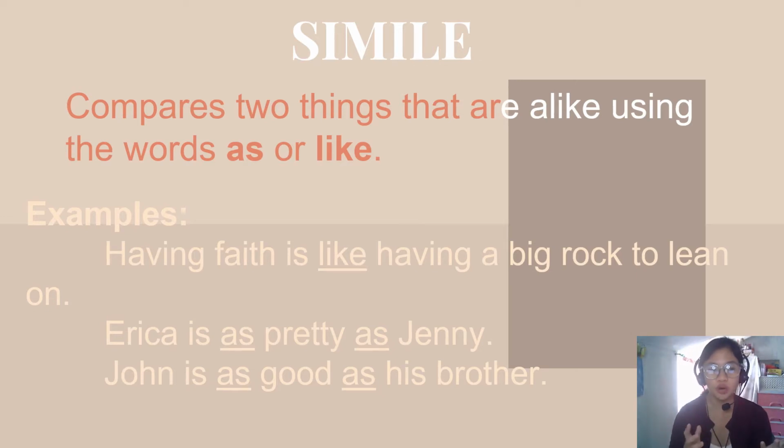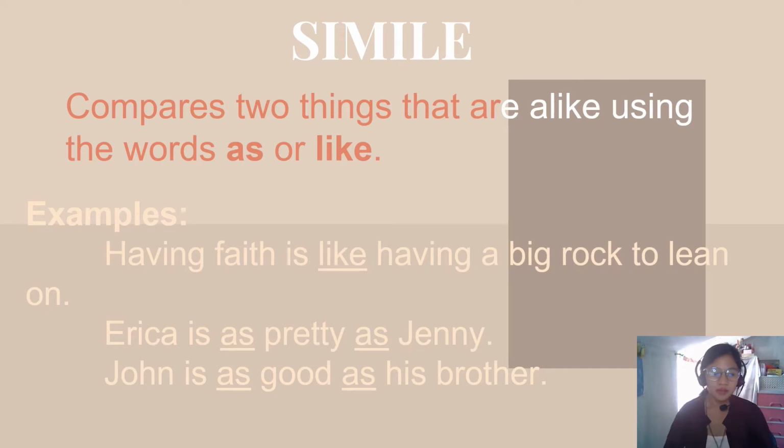So when you are going to use as, you have to write in the middle the things that they are alike. They are both beautiful or pretty. John is as good as his brother. Again, between the two as, you have to write the attributes that they are alike.